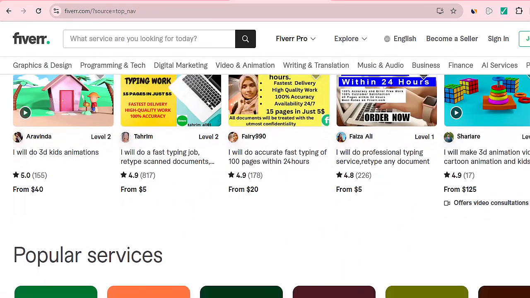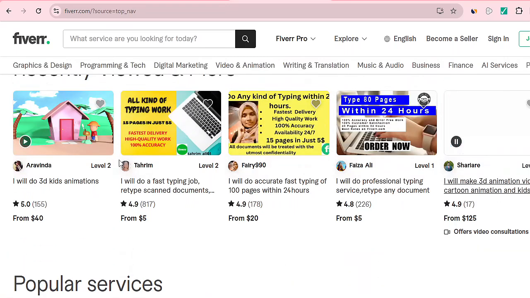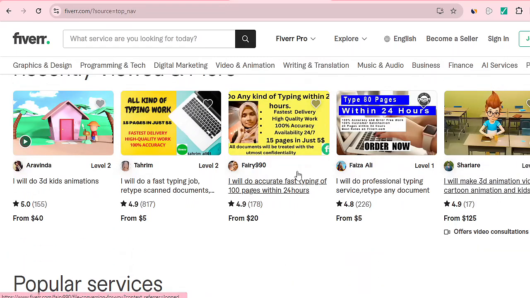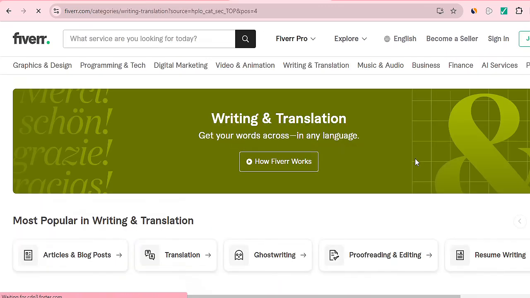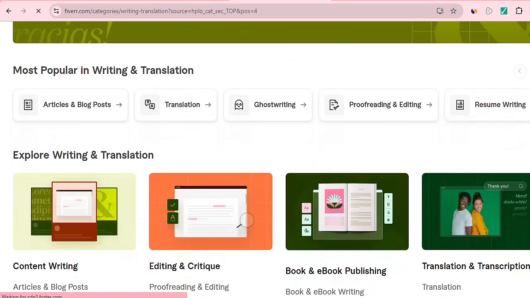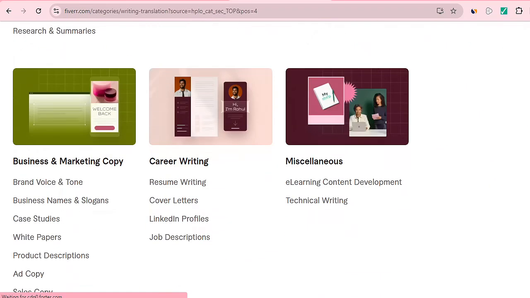So ideally, if you look across, for example this, you can see there are quite a number of people showcasing what they are doing, right? This is with respect to animation. Maybe you can look at the category of writing and translation, and you'll see that there are quite a number of jobs or other categories that can be executed here, right?